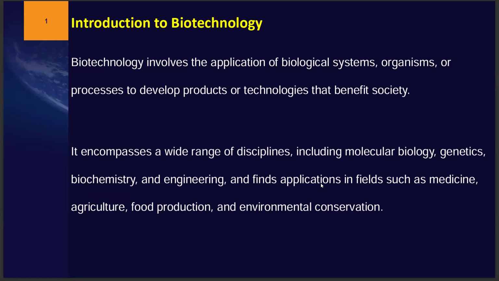We have what we call introduction to biotechnology. Now we want to understand what biotechnology literally means. Biotechnology involves the application of biological systems, organisms, and processes to develop products and technologies that benefit society. So we're looking at developing technologies that benefit societies.